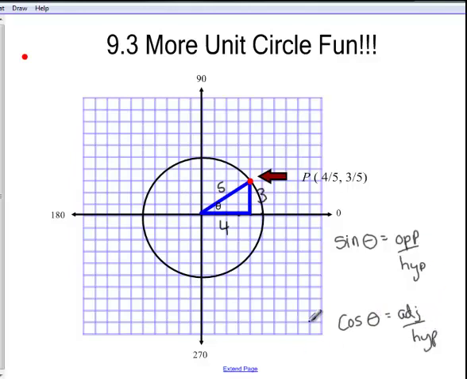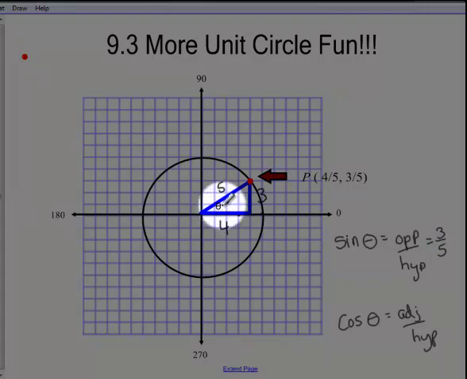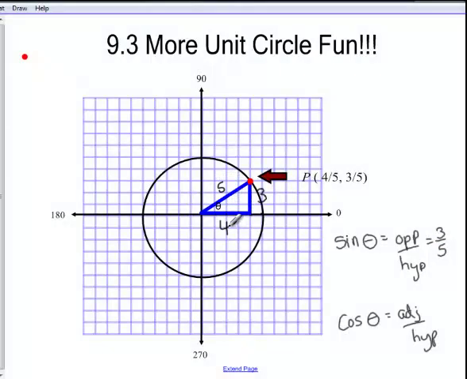So if we look here, opposite is 3, hypotenuse is 5. So whatever this angle theta is, its sine is 3 over 5. And its cosine is 4 over 5.